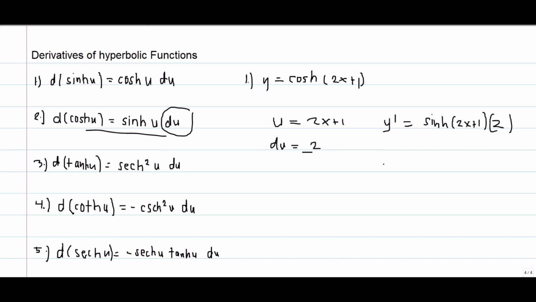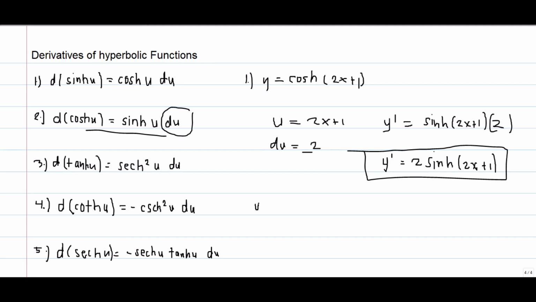To finalize our answer, y prime is equal to 2 sinh of the quantity 2x plus 1. So that is the final answer.